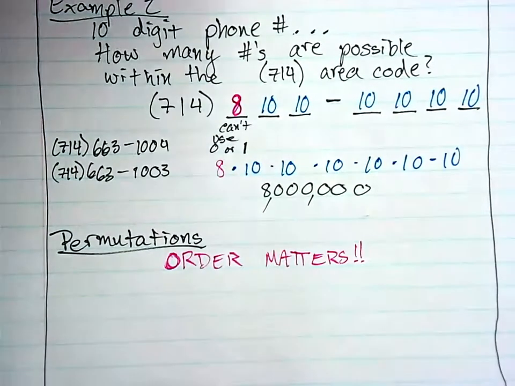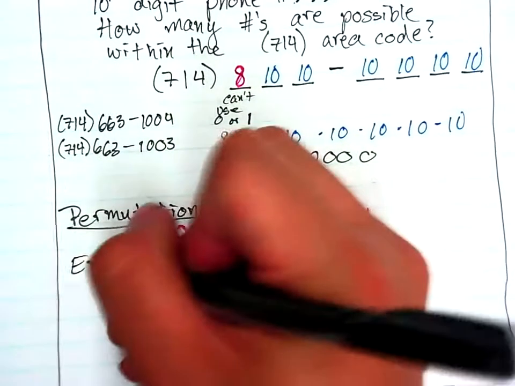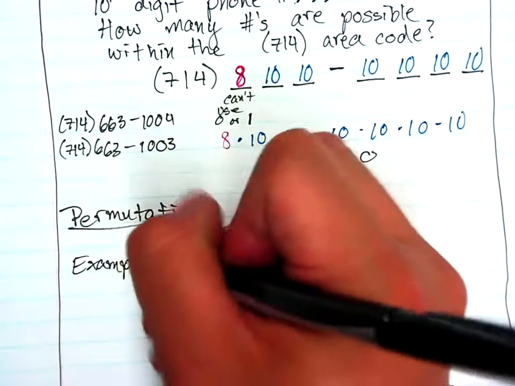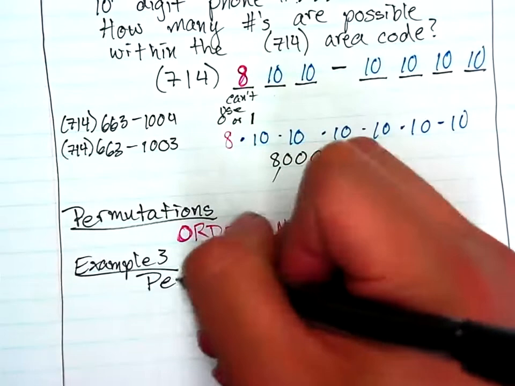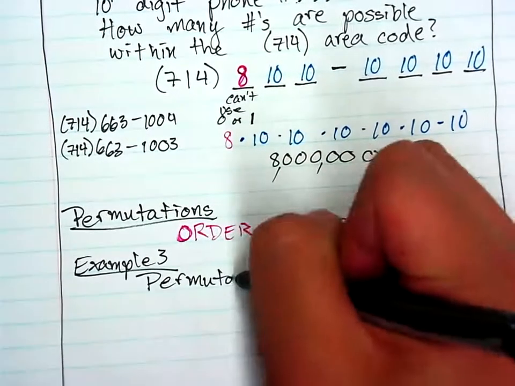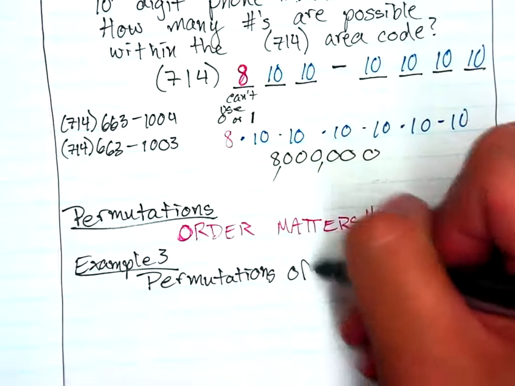All right, so with our first example, example 3. I want the permutation, or the ordering, of 4 letters.